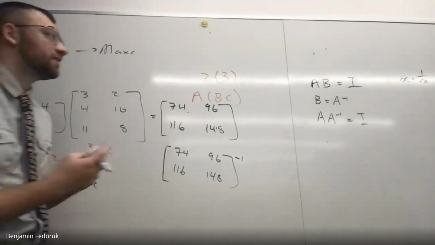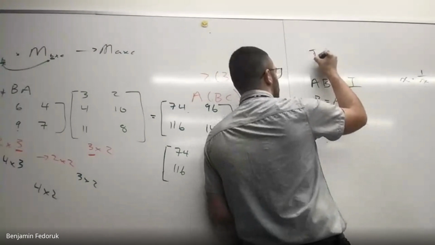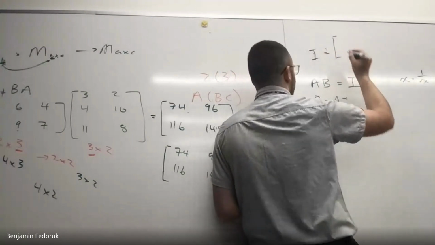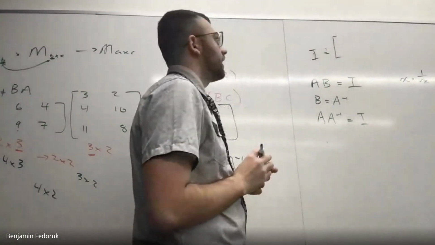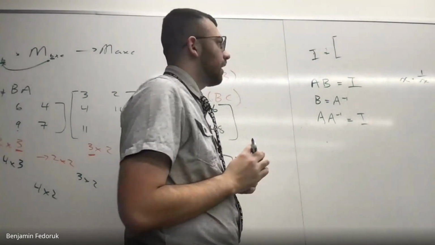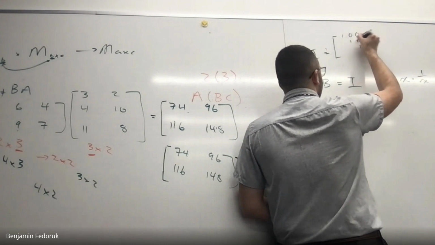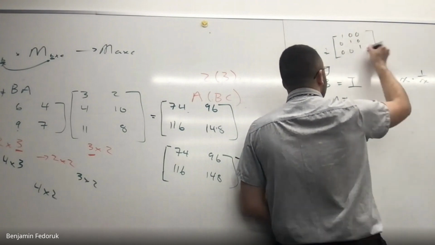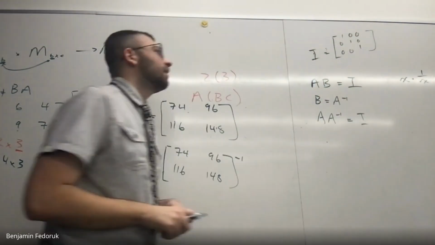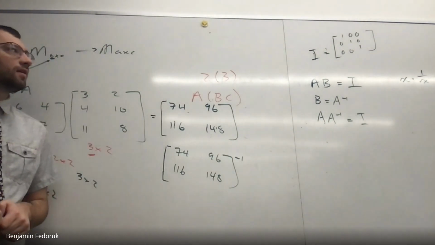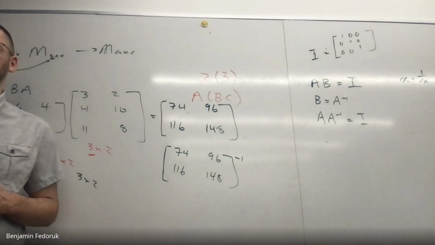So what is I? Maybe I should start there. I is called the identity matrix. It's always square, and it has 1s across the diagonal and 0s everywhere else. And when I say it's like 1, maybe this is something for you to try.